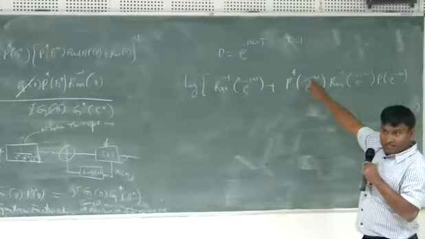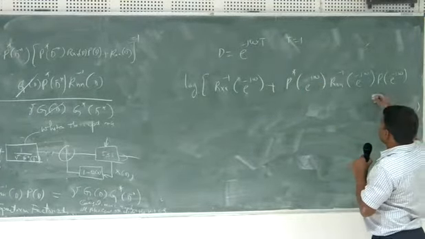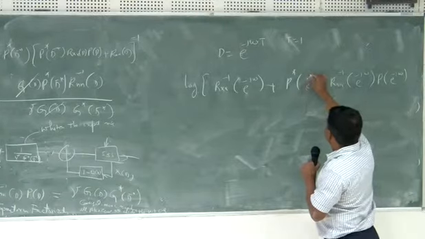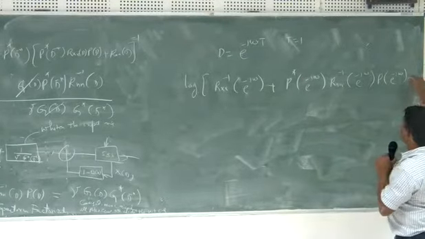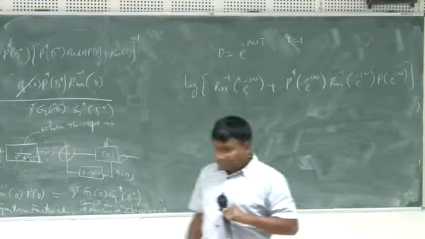Of course, this becomes e to the power of plus j omega because there is a conjugation. P star takes care of that. This is the log spectrum.